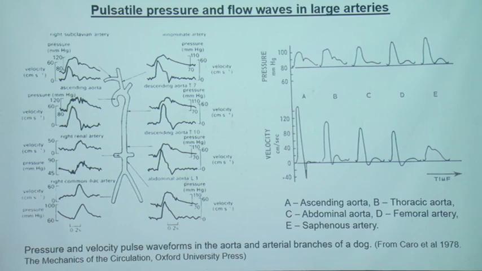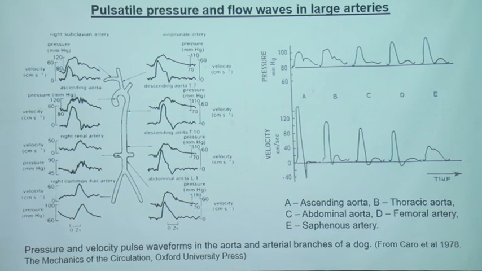In terms of the flow waveforms, this is because of mass conservation and the branching of the aorta, right? As the flow passes through the ascending aorta into the arch, it gives off branches. Some portion of the blood flow, typically about 15 to 30%, will exit through these vessels to feed the shoulder, the arms, and the head.